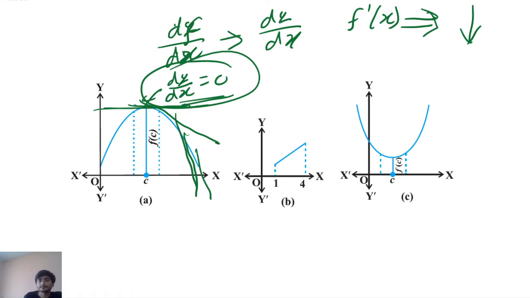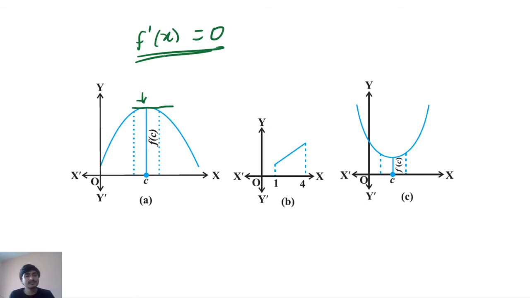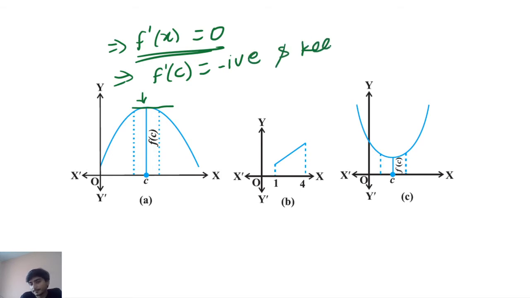Okay, see, the first point is f dash of x at that point should be equal to 0. That should always be the first thing to be considered. Then the second thing: f dash of c is negative and keeps decreasing.